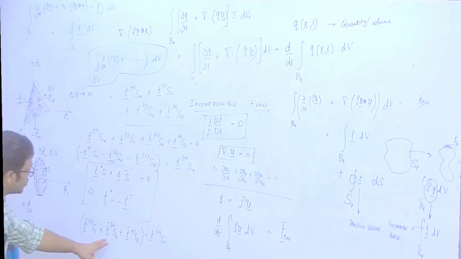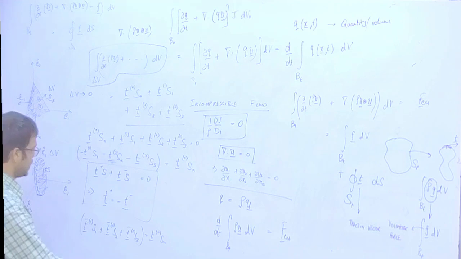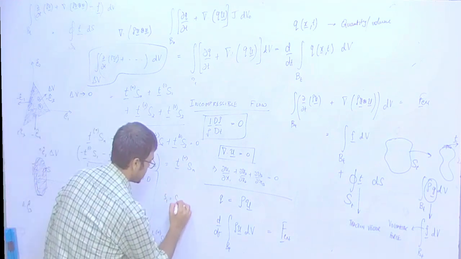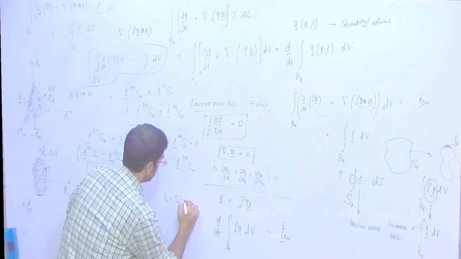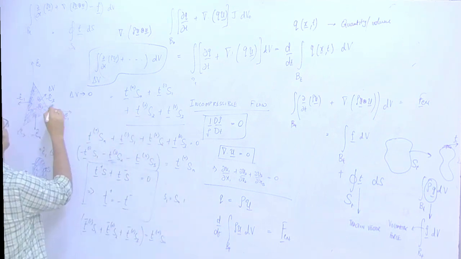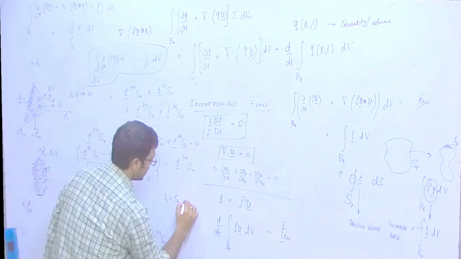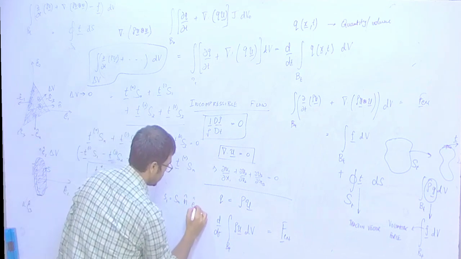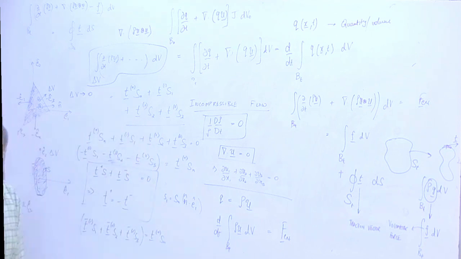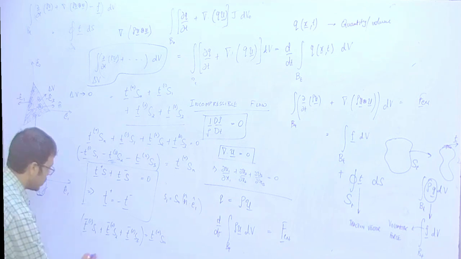So, what are S1, S2, S3 in terms of Sn? S1 is basically Sn times n hat dot e1, where n hat is your normal vector, and so on for S2 and S3. So what do we get here?